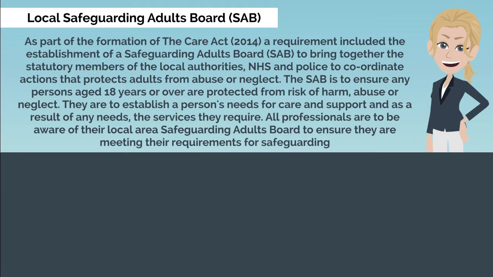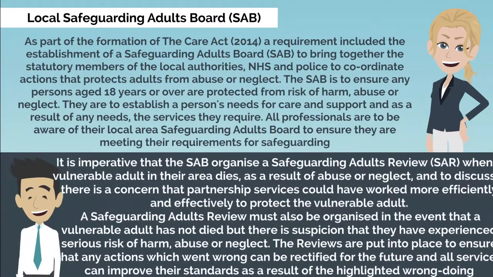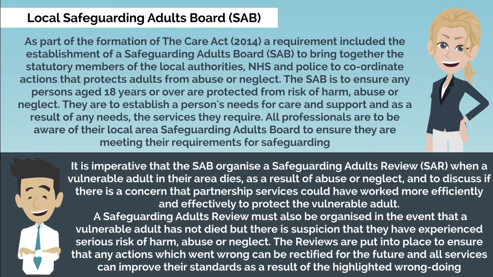It is imperative that the SAB organise a Safeguarding Adults Review, SAR, when a vulnerable adult in their area dies as a result of abuse or neglect, and to discuss if there is a concern that partnership services could have worked more efficiently and effectively to protect the vulnerable adult.